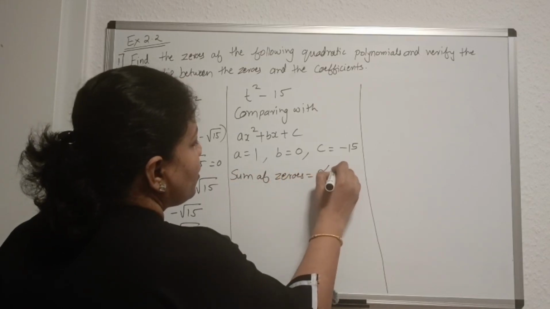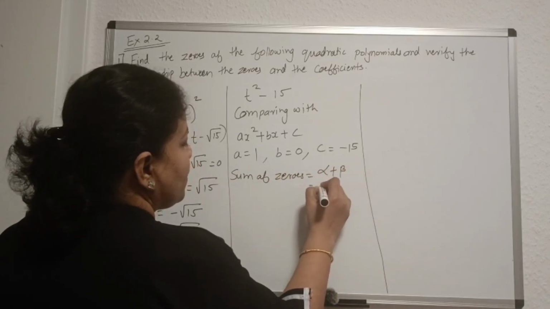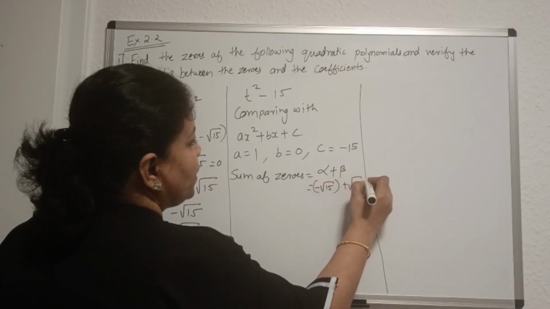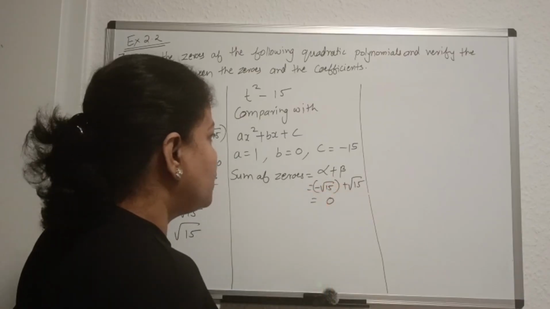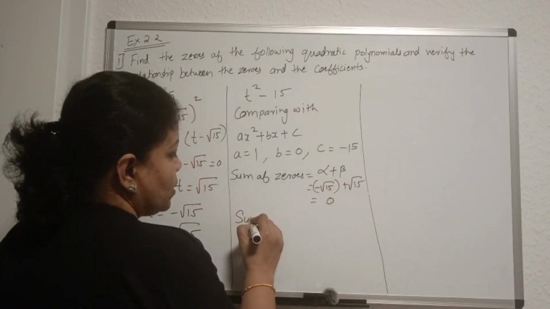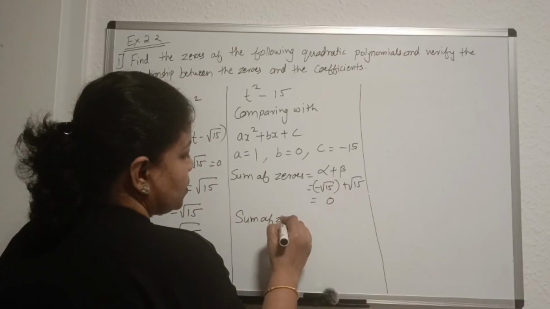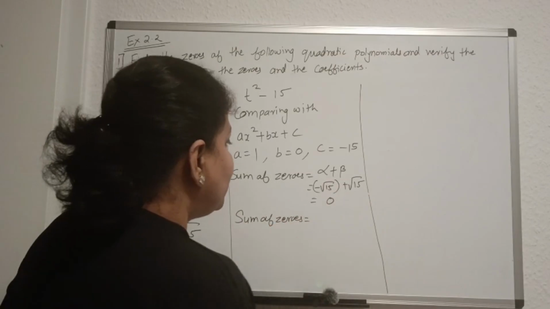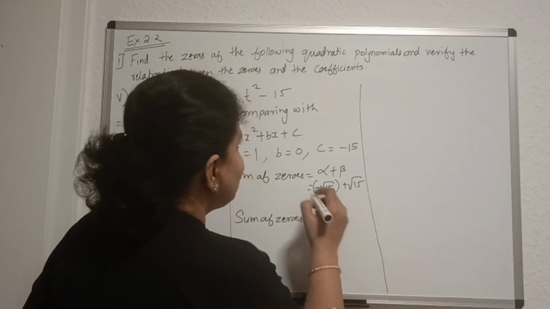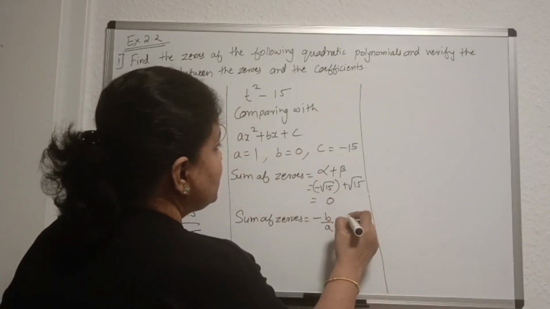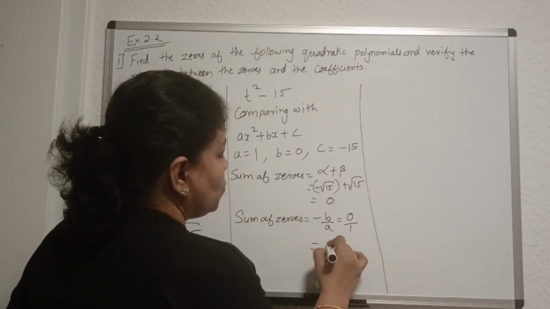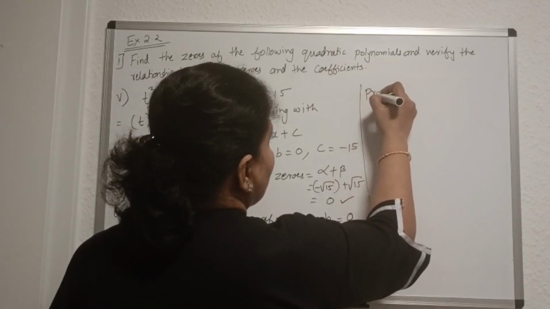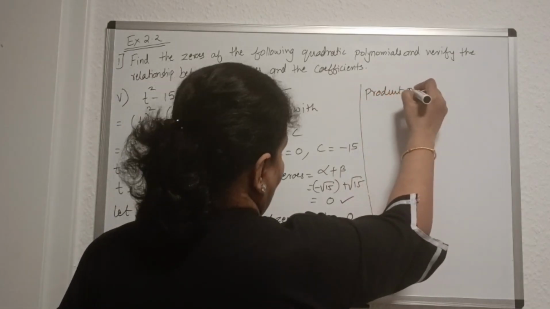If you do alpha plus beta, that is minus root 15 plus root 15, it will get cancelled and you will get 0. Now we will go by formula, that is minus b by a. As there is no b, that will become 0 by 1, which is 0 only. So that is verified. Okay. Last, that is the product of zeros.